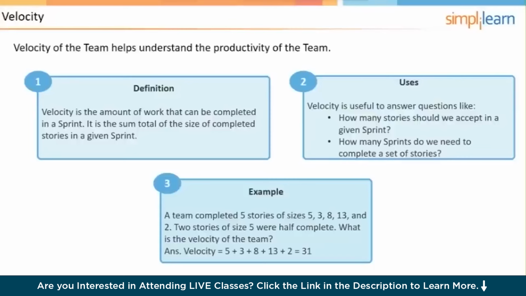So velocity is the capacity of the team to complete work in a single iteration. So the team has estimated the user stories for size or ideal days, and the sprints are going to be 3 weeks in duration.